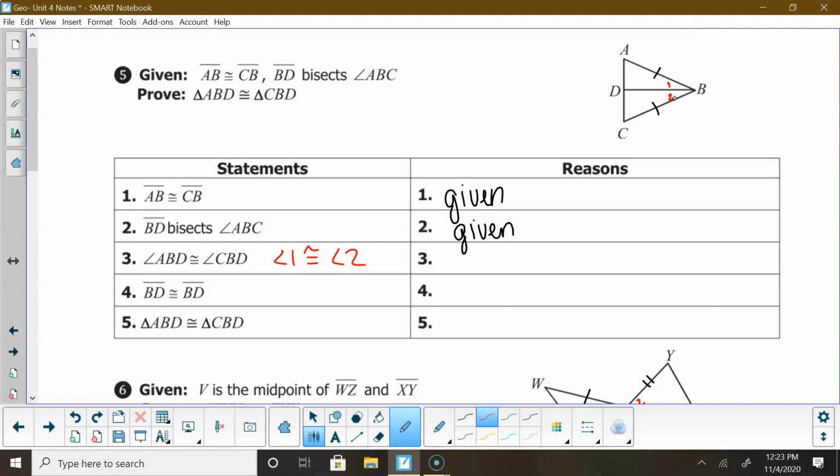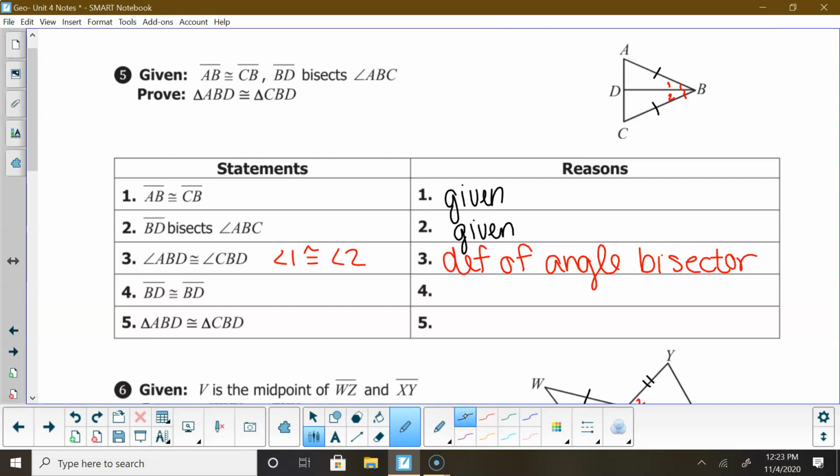Alright? I don't know about you guys, but I have a horrible time trying to draw the arcs in and make it so you can see, like, this little chunk here is the same as that little chunk right there. It's too freaking tiny. So if I label them 1 and 2, like, okay, 1 is congruent to 2. Sweet. Alright, we good? Definition of angle bisector.